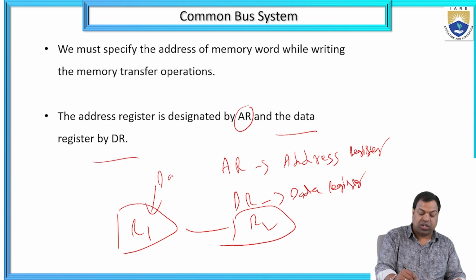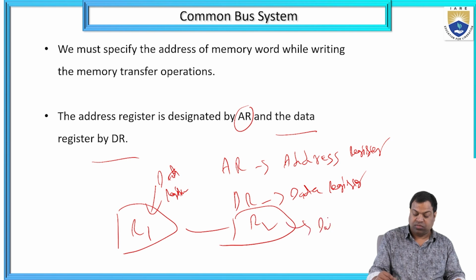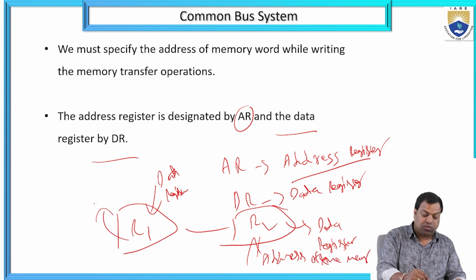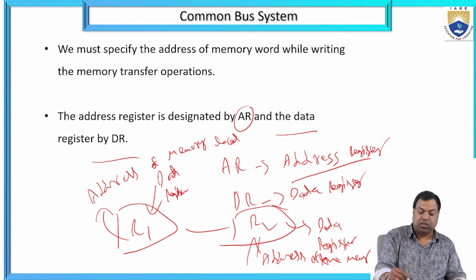Here R1 and R2 are the data registers, and the address register means the address of this memory, the address of the memory location.